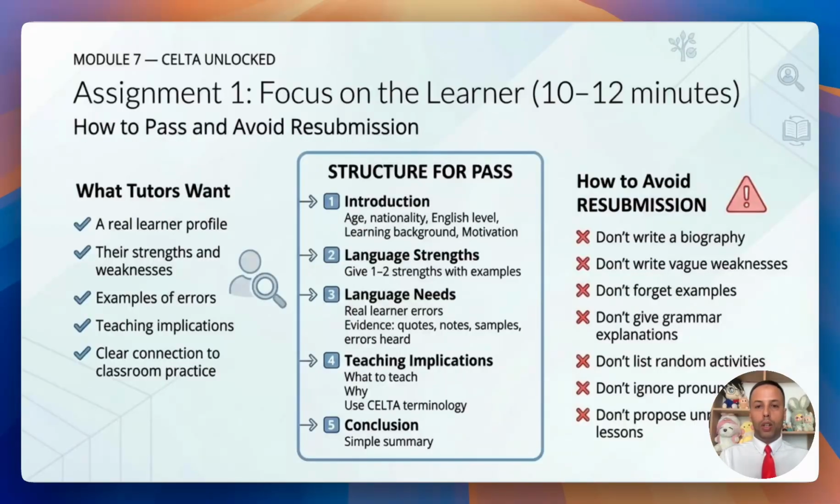Section 2, language strengths. 1 to 2 strengths with examples, fair enough. Like, Maria uses past simple accurately in most contexts. You have to give real names. For example, she correctly produced... Give real situations based on your observations, I said. All right?